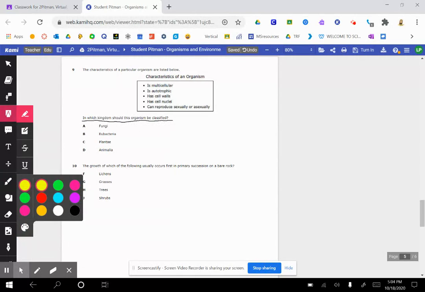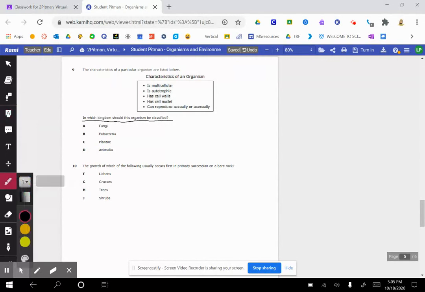Okay, so I'm going to go through answer choice by answer choice. Fungi, I know it is heterotrophic, and it says autotrophic.